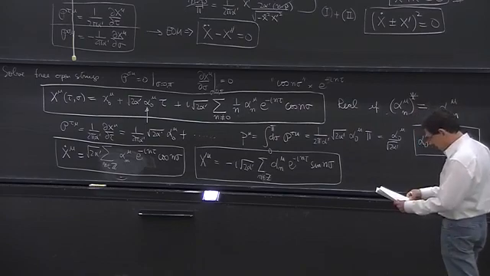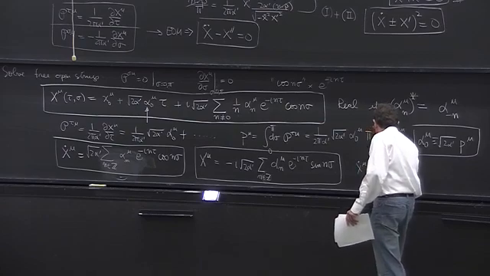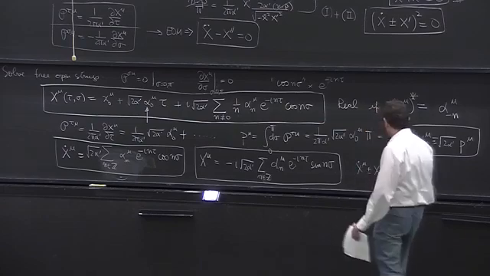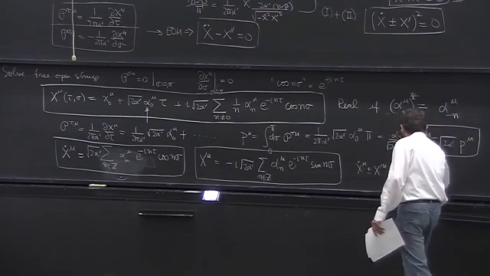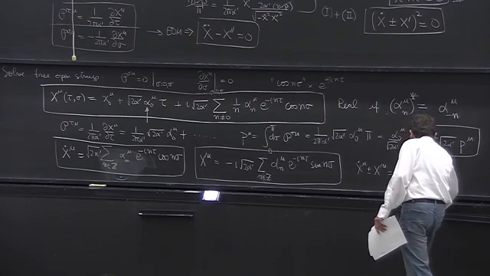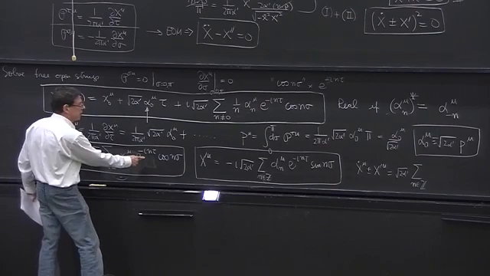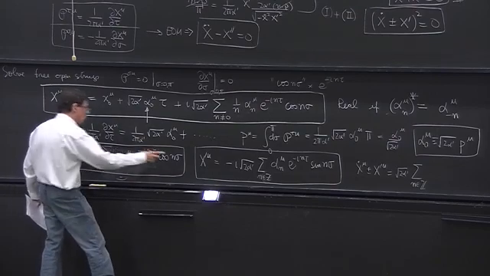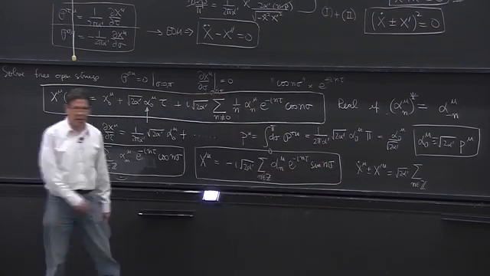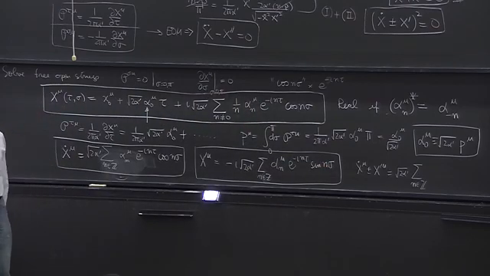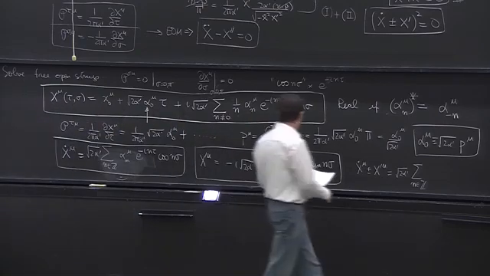Because now I can combine x dot mu plus minus x prime mu. And what do I get? Well, I get square root of 2 alpha prime, sum over n belonging to the integers. And look, you have the same coefficient here, alpha n mu e to the minus i n tau. That is cosine n sigma minus i sine of n sigma. So it combines to an exponential. It's really well done, this thing. So what do we get?